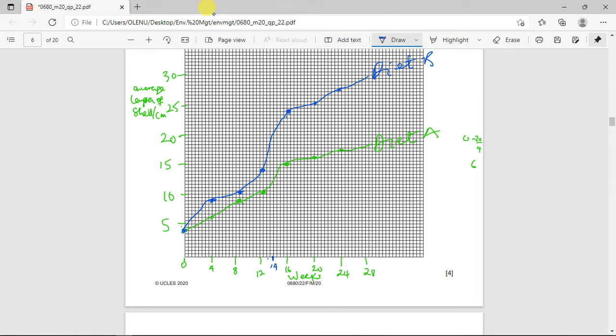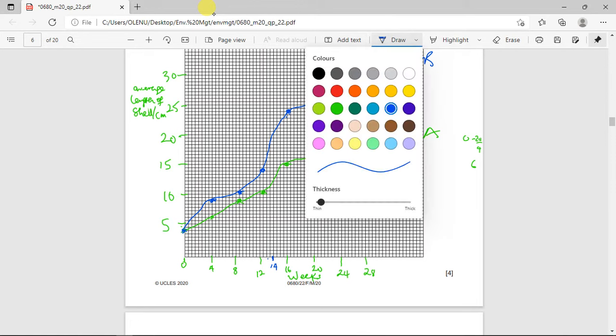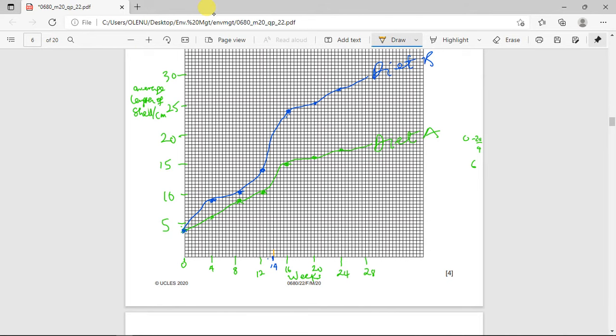You now go to your graph and trace it up to where it will touch the lines. If I trace this down, it touches A here. If I continue, it touches line B here. So you now trace it down to collect your data.